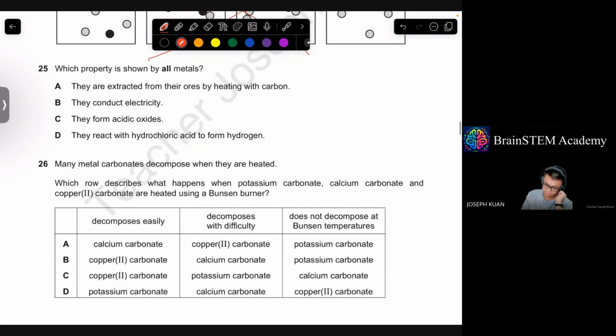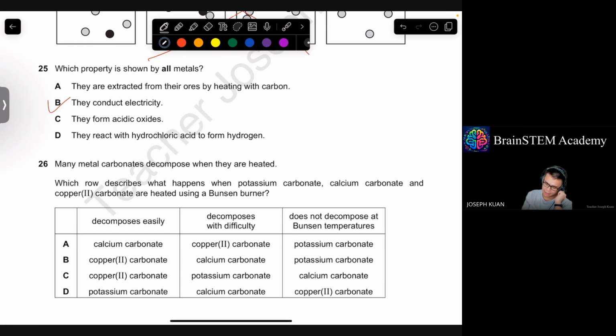Now question 25. Which property is shown by all metals? The best answer should be B. Let's identify one by one.